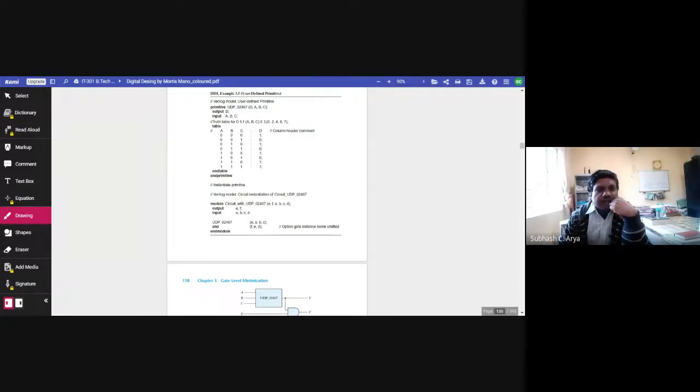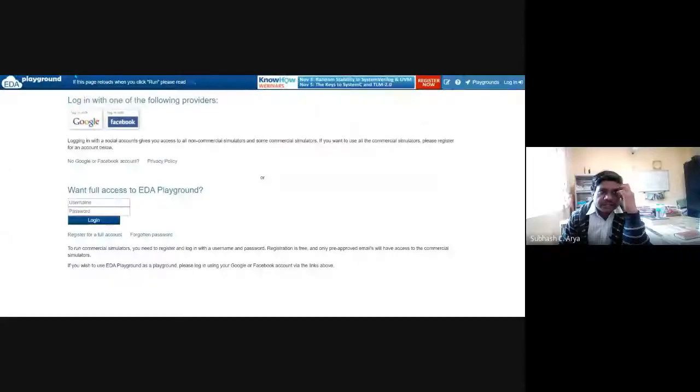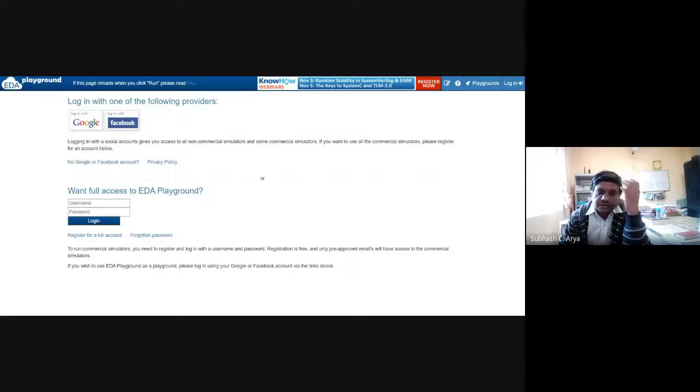You have to open it through your Google account or Facebook account, or you can register and write the code. Okay, and simulate from there, and try to learn, because it should be easier for you people being in the IT department. Clear.